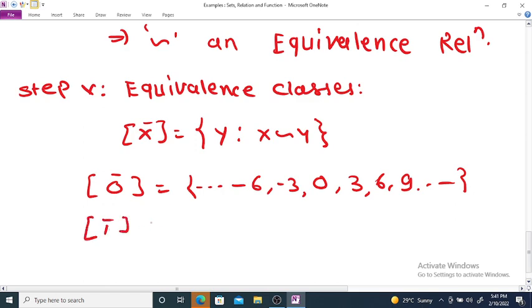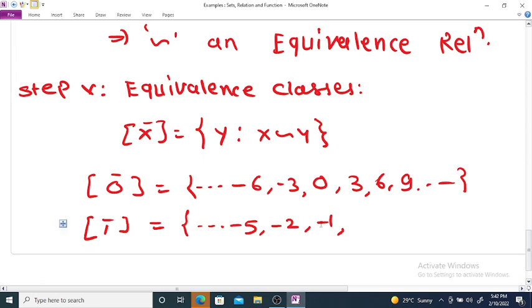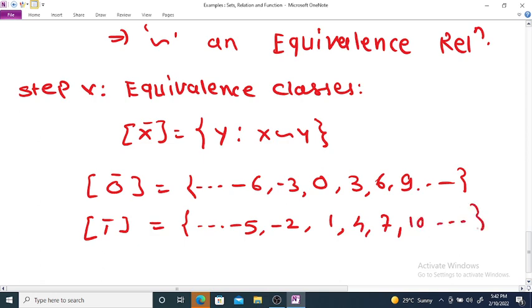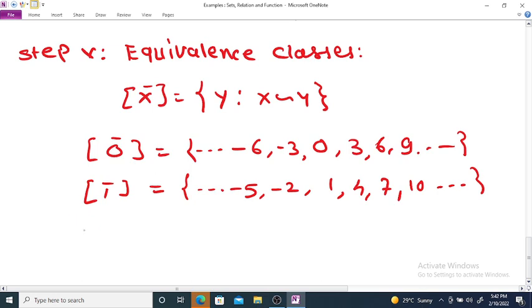Next, 1 bar consists of all numbers whose difference with 1 is a multiple of 3: -5, -2, 1, 4, 7, 10, and so on. All these numbers are related with 1.